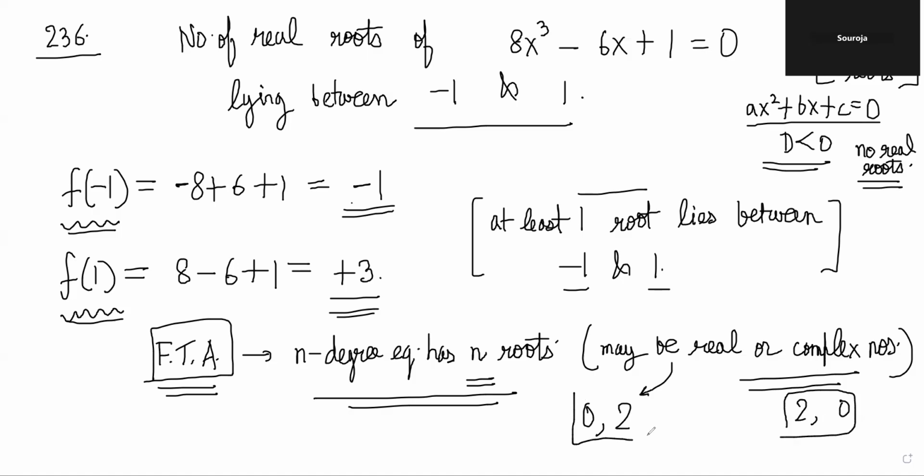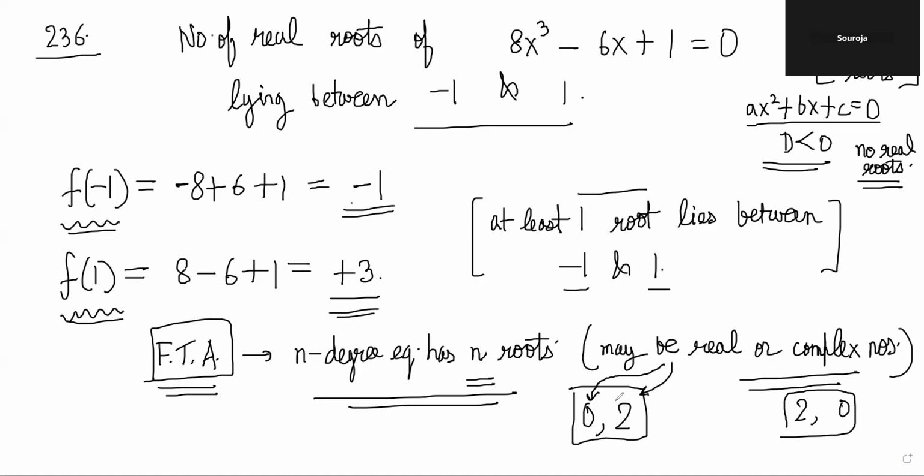Do you understand? Obviously, the total number of roots has to be 2, no? If the real roots are 2, complex roots will be 0. If the real roots are 0, then there are two complex roots, right? Basically, that is the idea that the total number of roots has to be n if the degree of the equation is n, right?